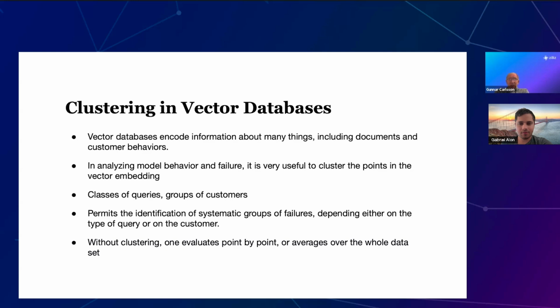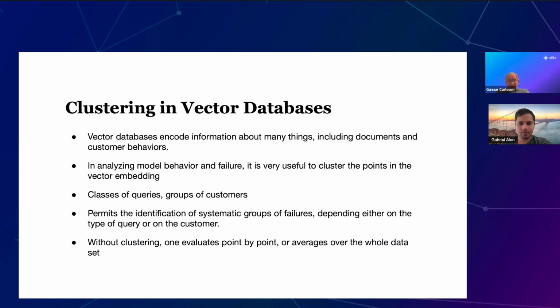So if you have a particular customer who belongs to a group and you understand how your recommendation system or your query system behaves on that group of customers, then that's a win because you can drill down and understand how the system is going to work for that customer.